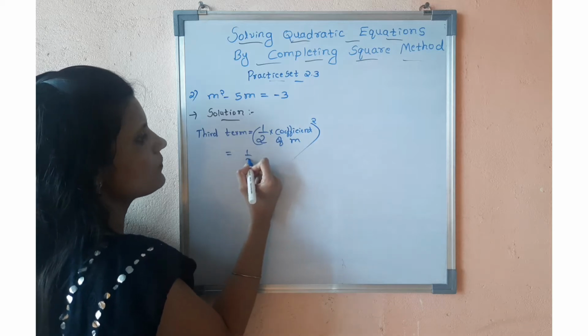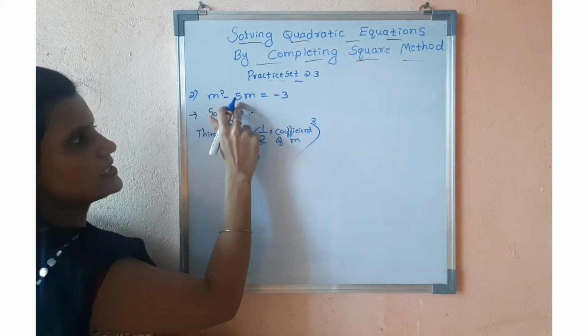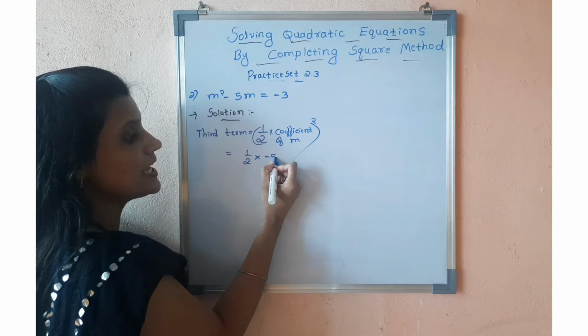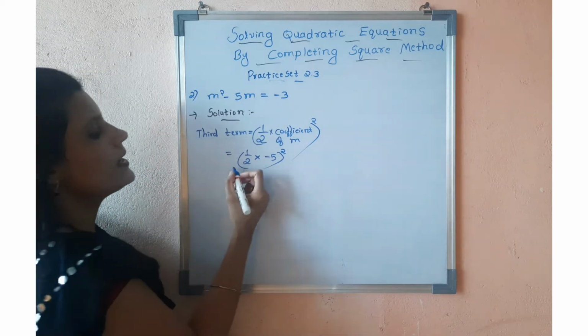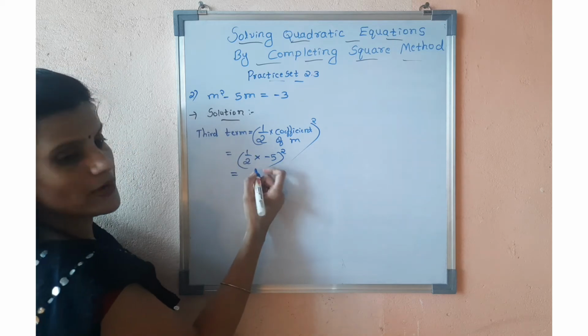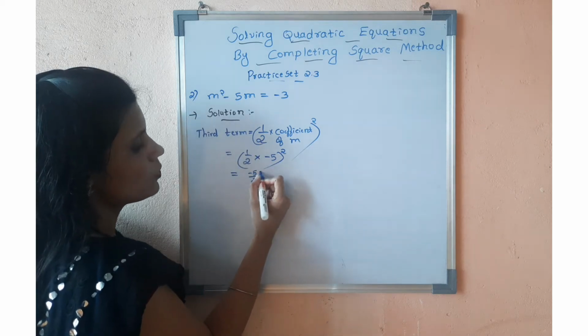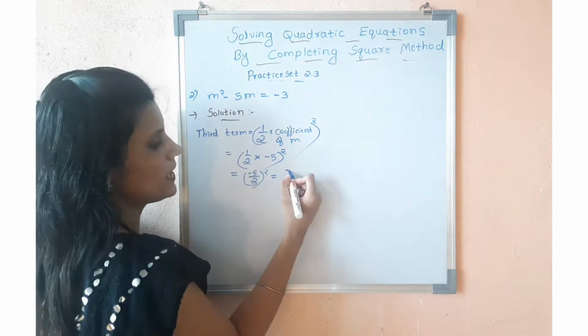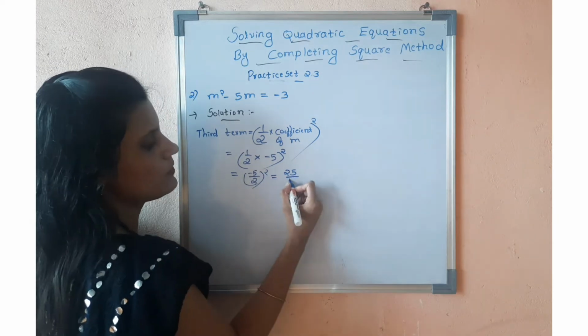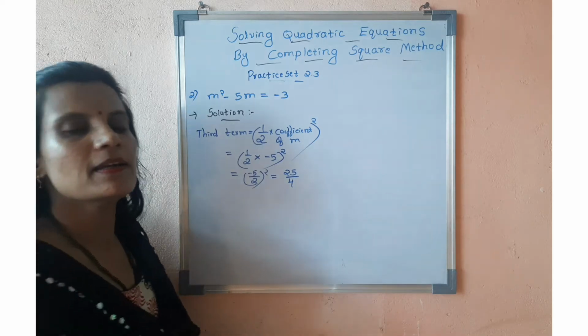Now half into coefficient of m, which is minus 5, so you should take the symbol minus, square. It is equal to minus 5 upon 2 whole square, which is nothing but minus 5 square is 25, by 2 square will be 4. We got our third term.